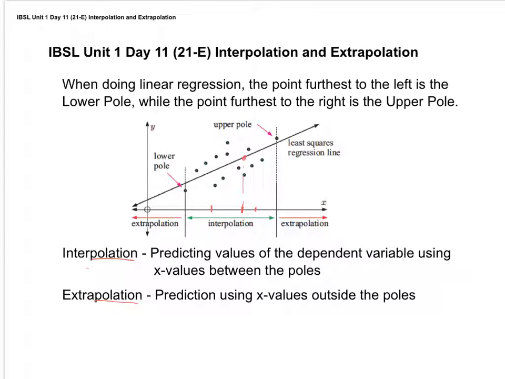So for example, if we were to plug in a value of x over here and try to use our model to find what y would be, that would be considered extrapolation. Now we'll talk about the validity of doing either of these in a moment. But does this make sense in concept at least so far?